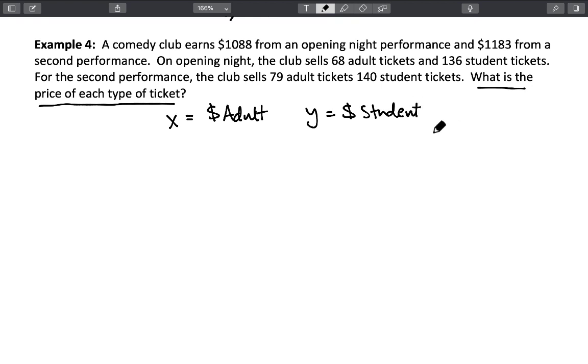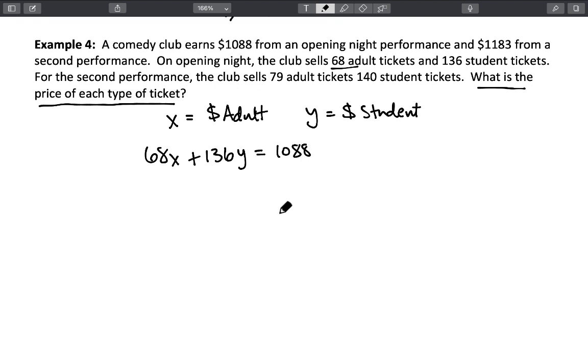All right, now we're going to go back through and write some equations based off the information they gave us. In this first line here on opening night, the club sells 68 adults, so that would be 68x, plus another 136 student tickets, so that's 136y, and they took in a total of $1,088.